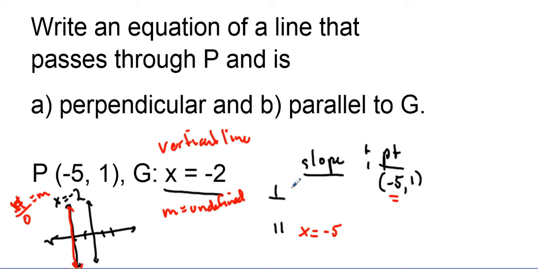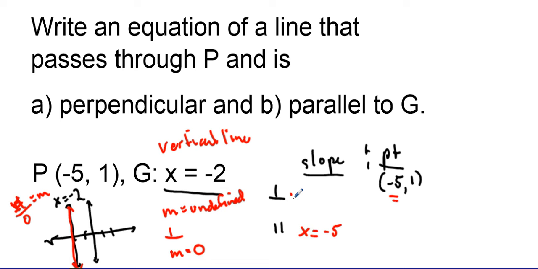Well, what's the opposite reciprocal of an undefined slope? The slope of our perpendicular line is going to be 0, because you have to take the opposite and flip this. So you have 0 over a number. So our slope here is 0.